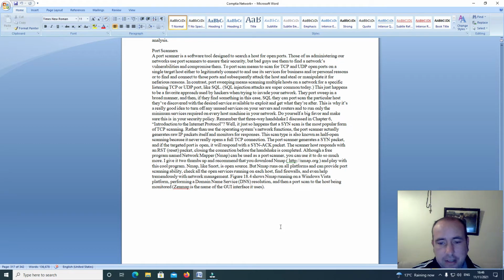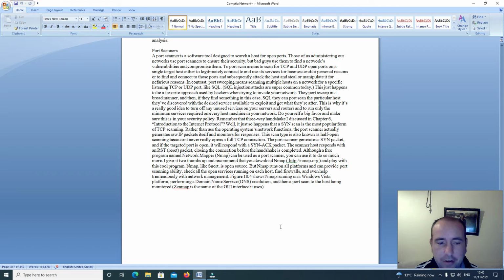This scan type is also known as half-open scanning because it never really opens a full TCP connection. The port scanner generates a SYN packet, and if the target port is open, it will respond with a SYN/ACK packet. The scanner host responds with an RST (reset) packet, closing the connection before the handshake is completed.